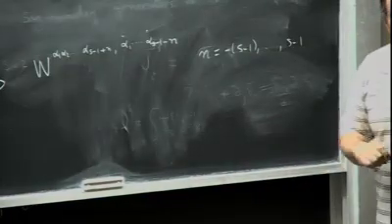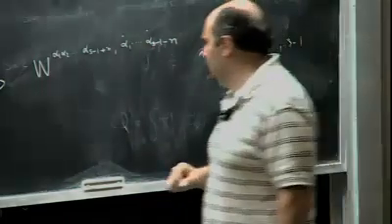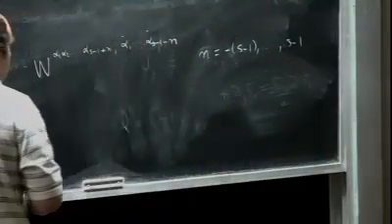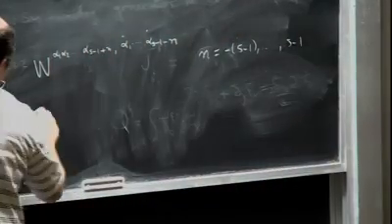All these objects are collected into this one. The n equals 0 is just the Vielbein.